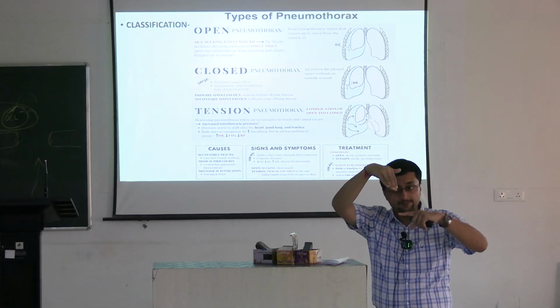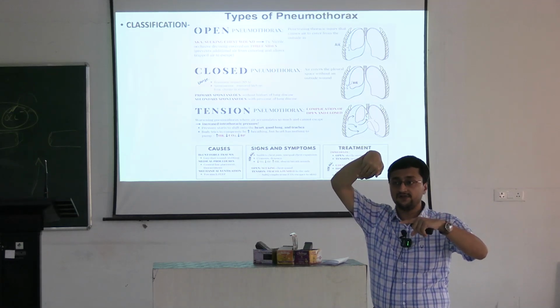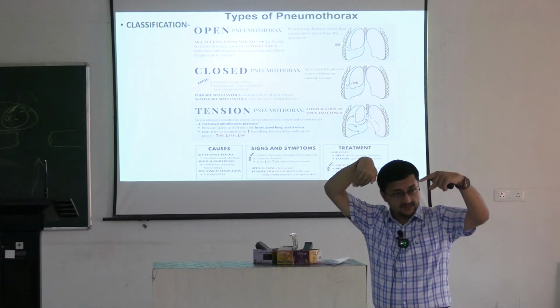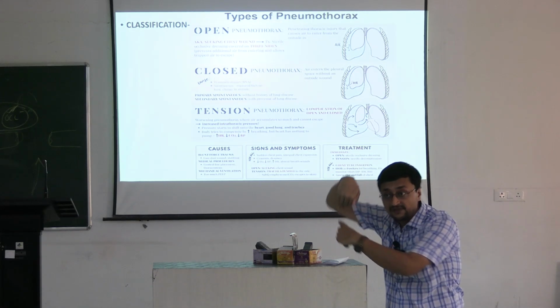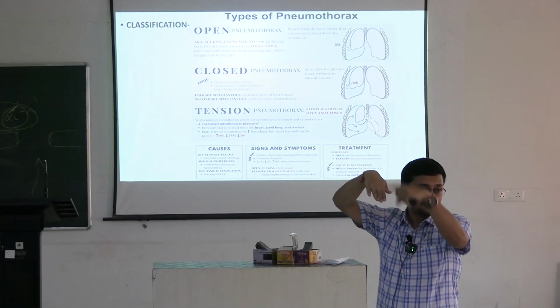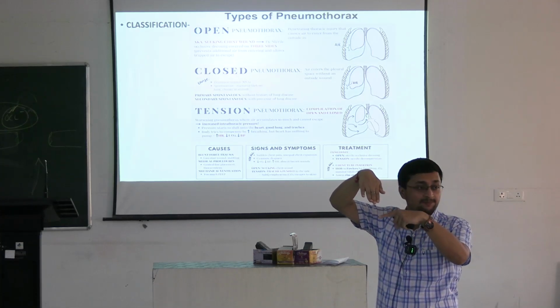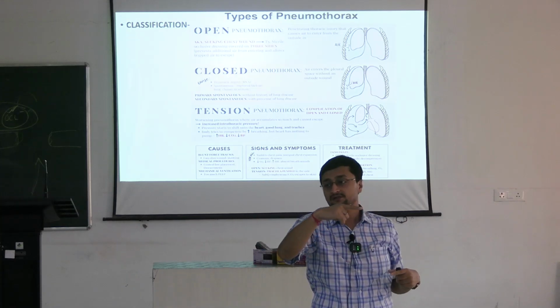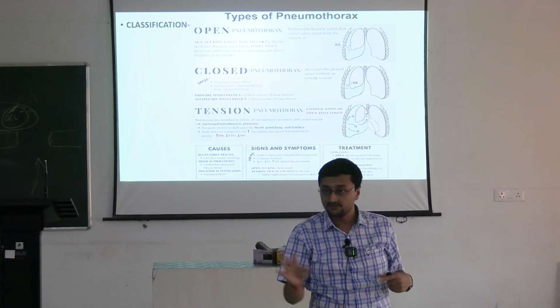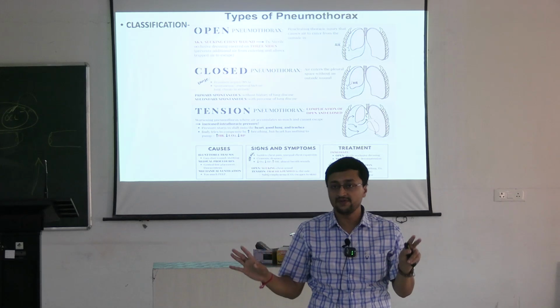During the inspiration, the flap will be inwardly reflected, like that. So the air enters, okay? And during the expiration, the flap will close the puncture wound. That means it is a one way valve and there is no outward going of the air. Understood? This is a simple mechanism.